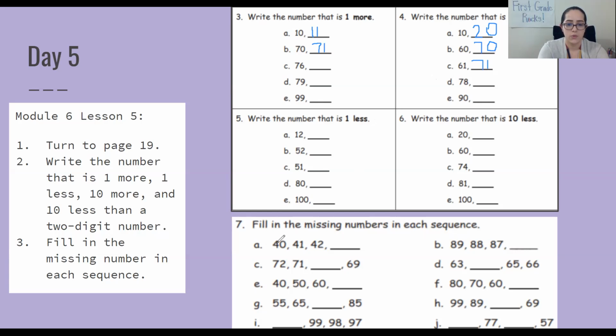So A, 40, 41, 42, 43. Okay, B, 89, 88, 87. So I see we're counting back by 1. So 87, 86. Okay, so you're going to do the same thing for the remainder. Notice what pattern they're using and then write in that missing number.